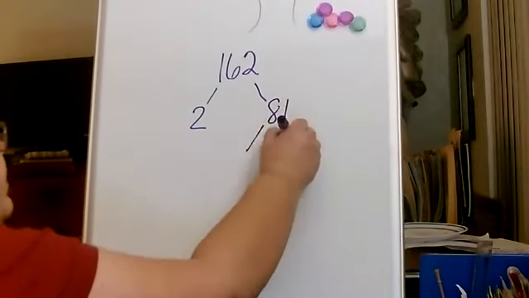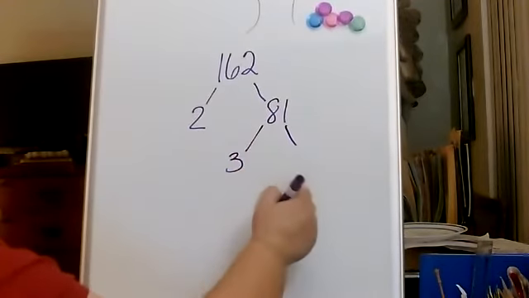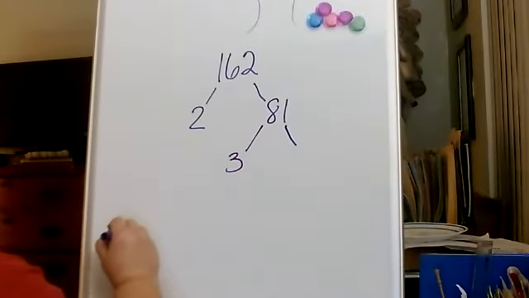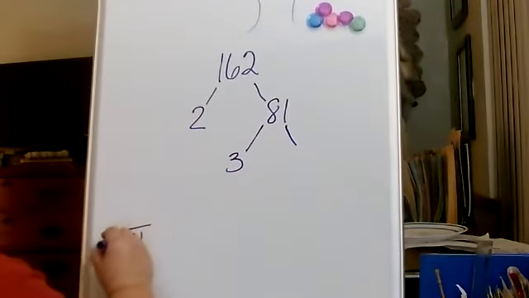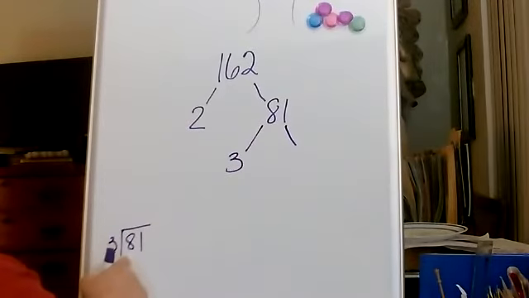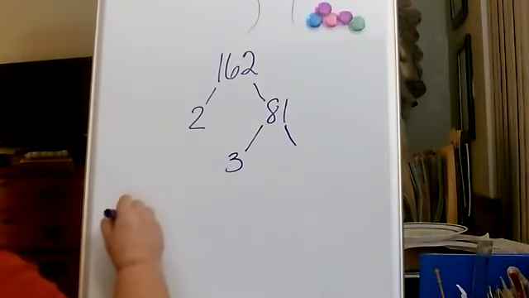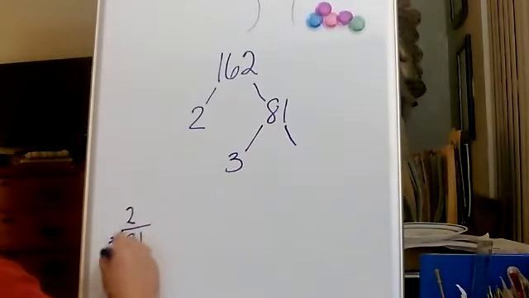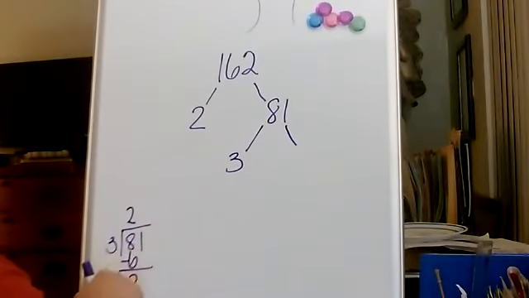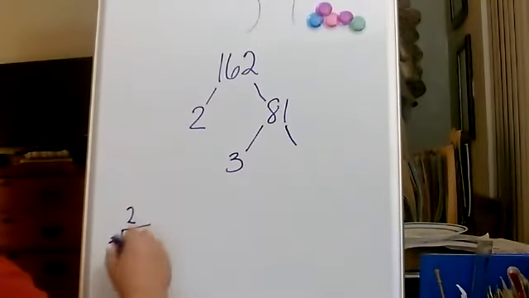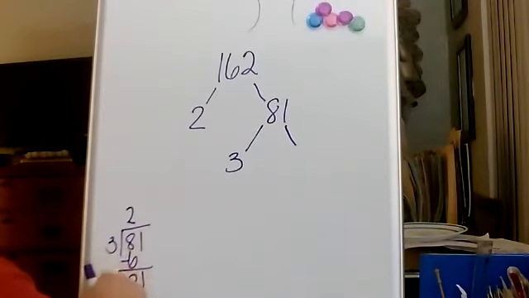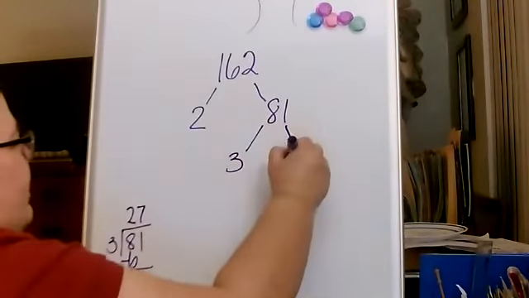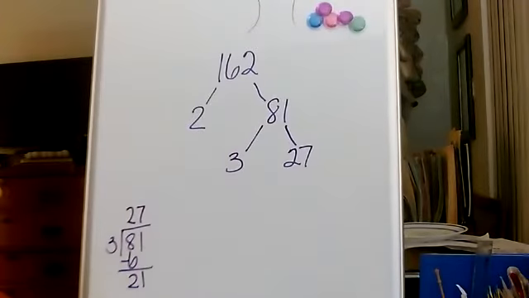So we're going to put a 3 here, and 81 divided by 3 is, I don't know for sure right now, so let's do this. 81 divided by 3, 3 goes into 8 2 times. 2 times 3 is 6. I'm going to subtract. 8 minus 6 is 2. And I'm going to drop the 1. 3 goes into 21 7 times. So 27 is right here.